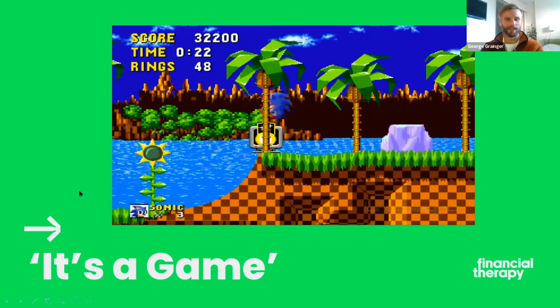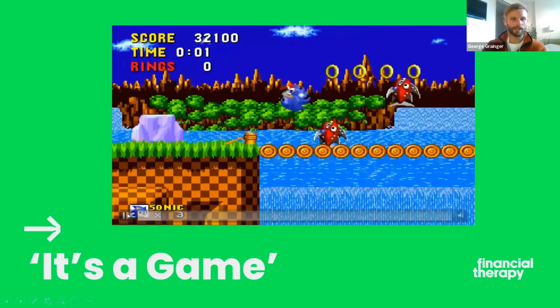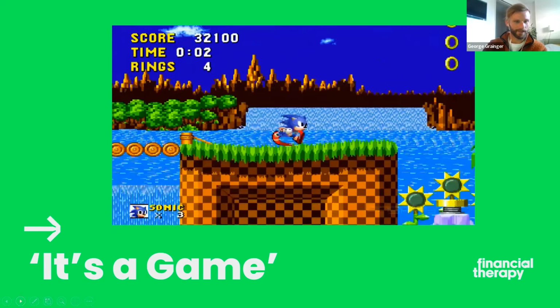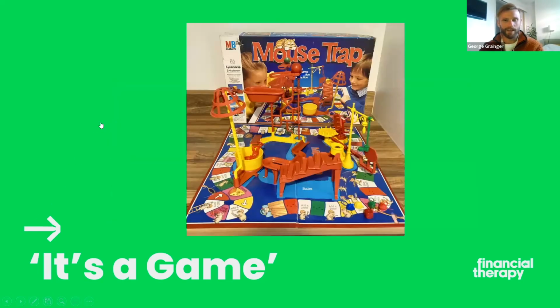That's halfway anyway. It's just a game. It's a bit like Mousetrap as well, trying to get past all the obstacles and pitfalls without getting stuck in one of the traps, while collecting all your coins or your cheese.